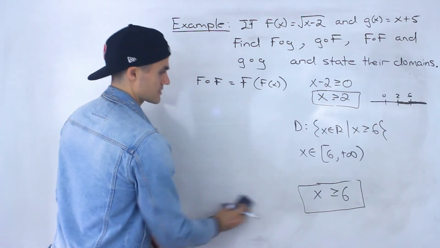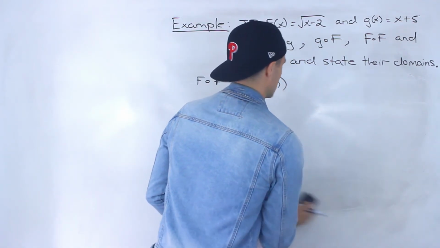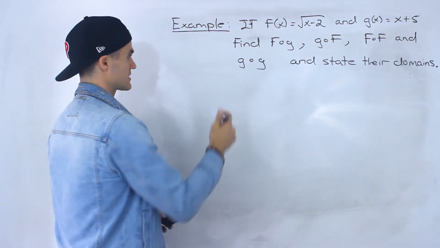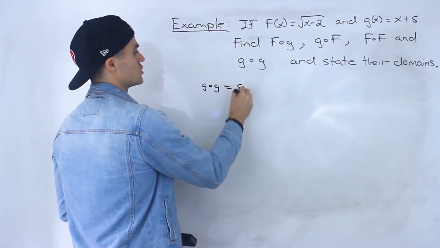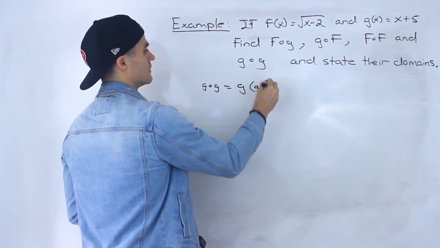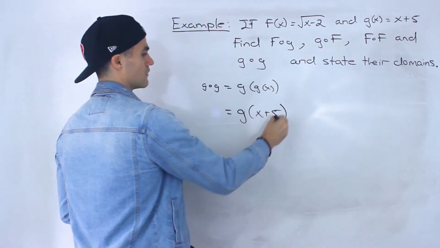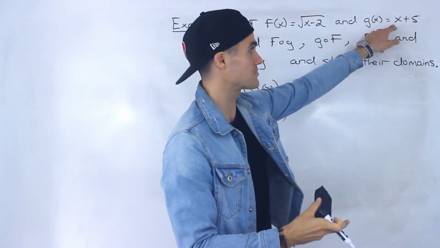So let's erase all of this. And this one's actually going to be really easy because it's just a linear function. So we're putting a linear function inside another linear function. So g of g is like g of x, which is like g of x plus 5. Remember, g of an expression is equal to that expression plus 5.